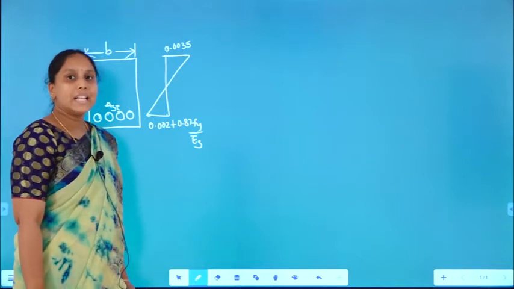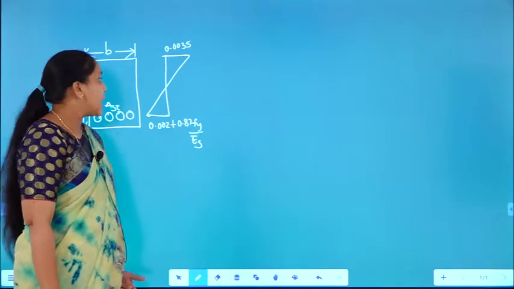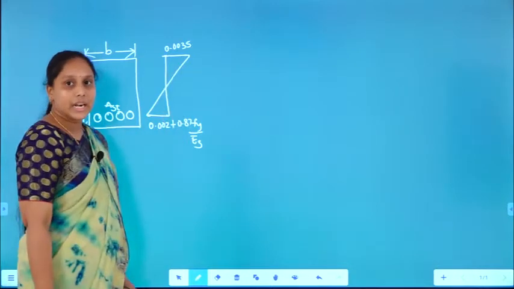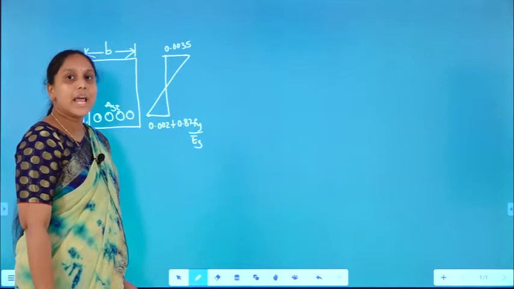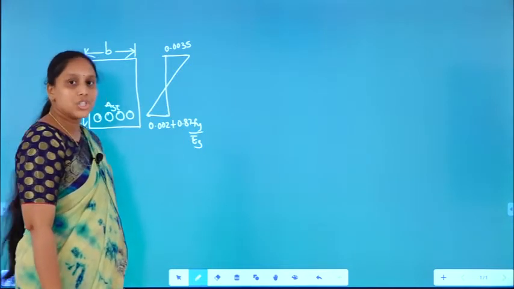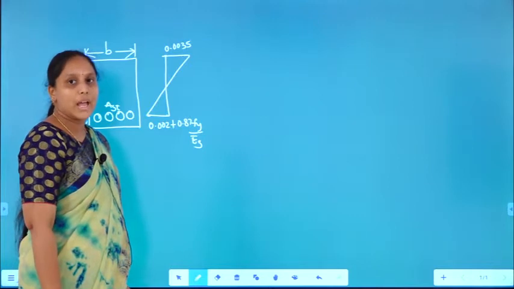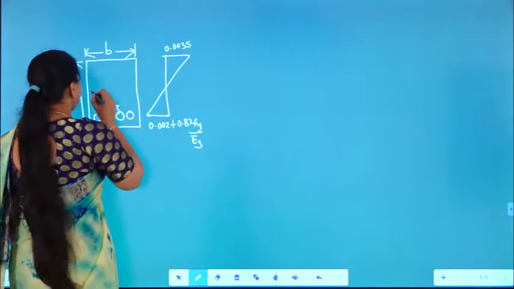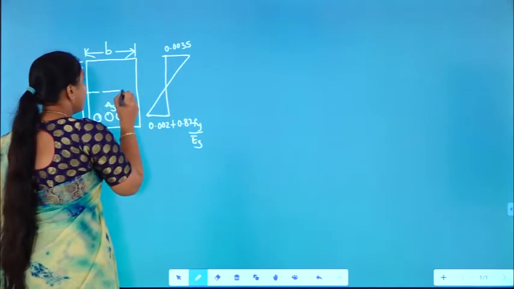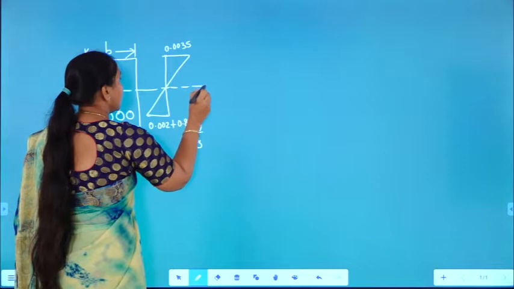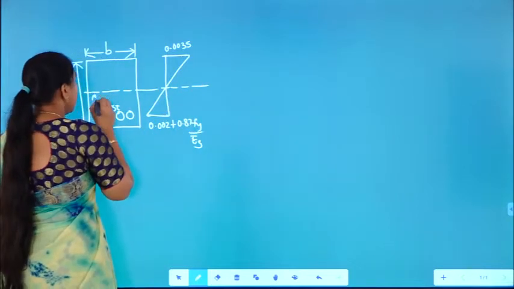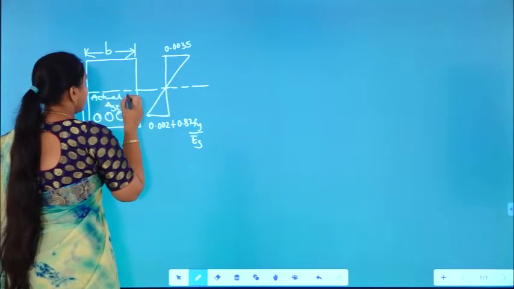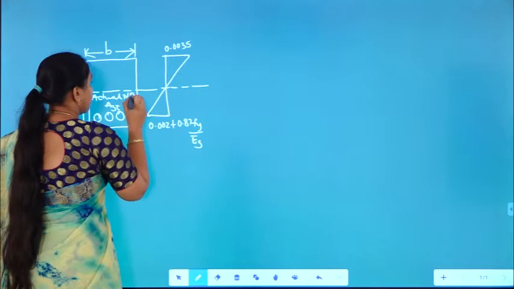So, first we will see what a balanced section is. A balanced section is a section in which both the materials, the concrete as well as the steel, will reach their maximum strain values simultaneously. Here you will have the actual neutral axis.